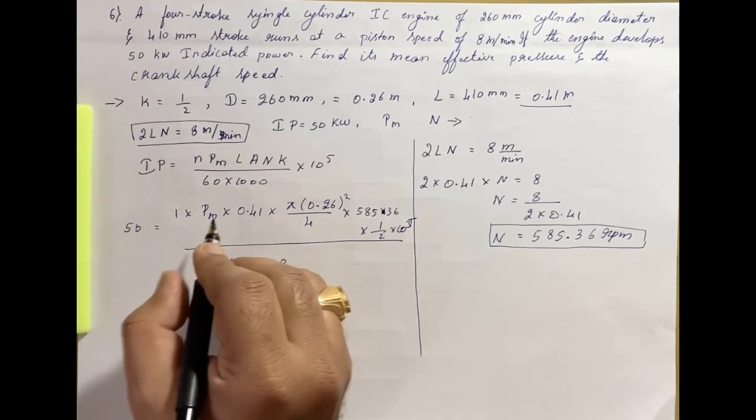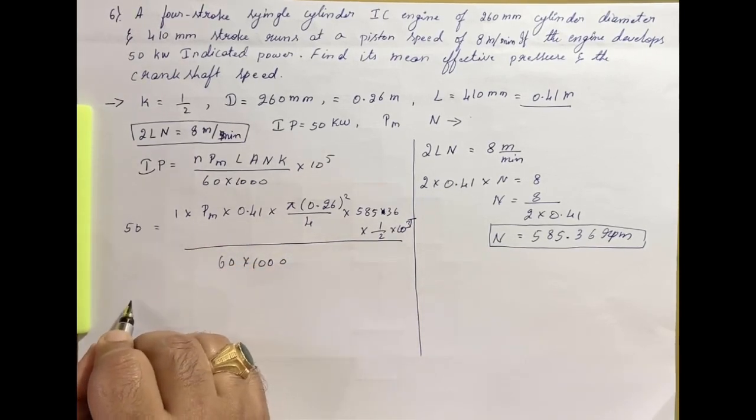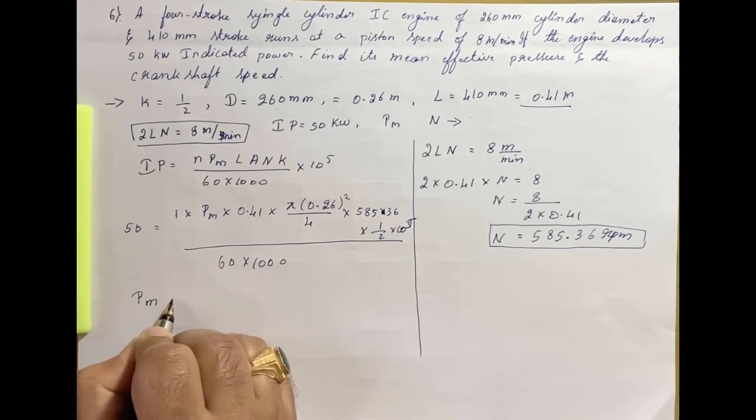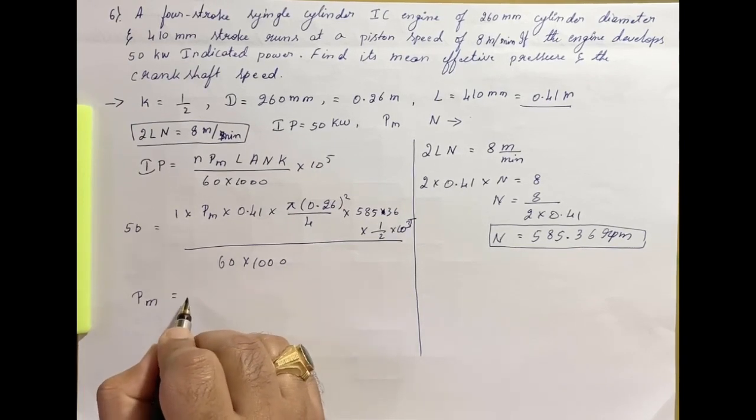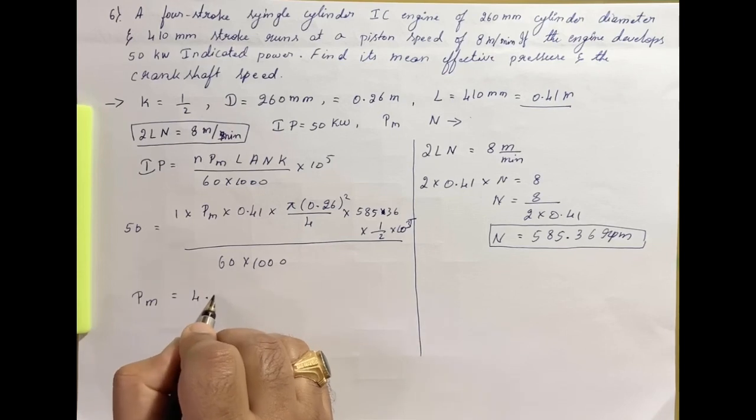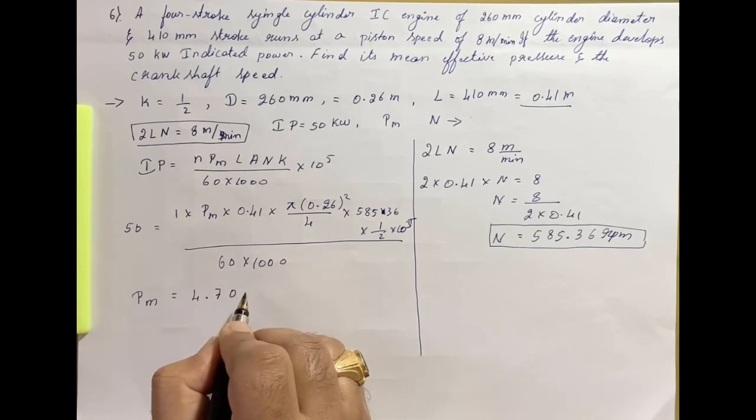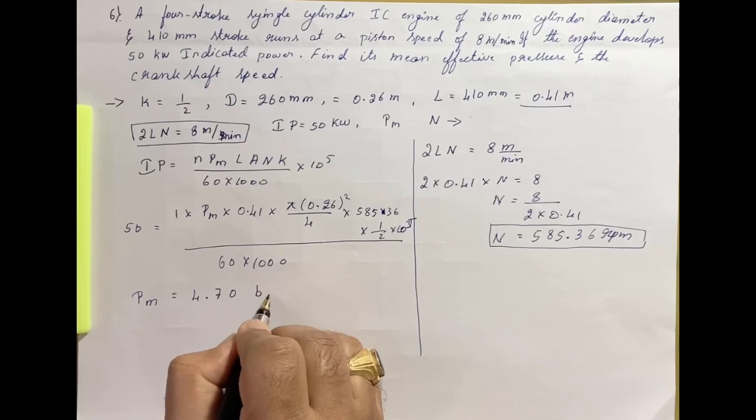Now the only unknown here is PM. Finding the value, PM you will get as 4.70 bar.